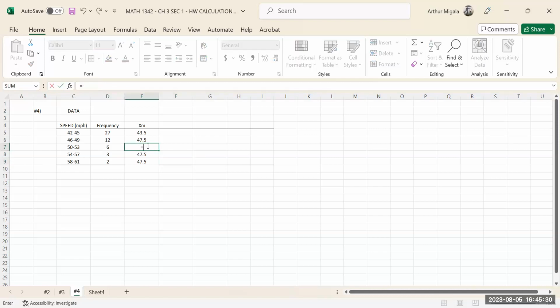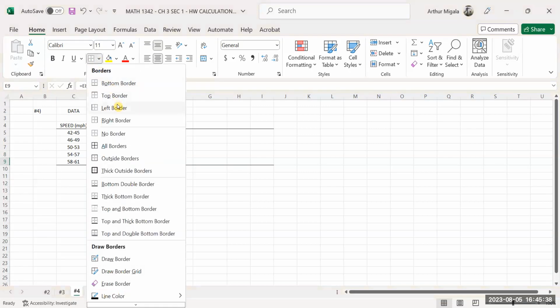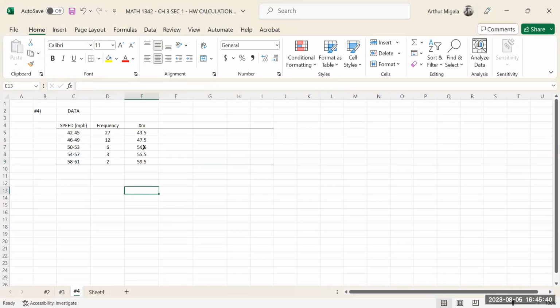So it's that one plus 4. Should work there. Yep, so those are mine. So now to find, I have to multiply the mid number times the frequency.